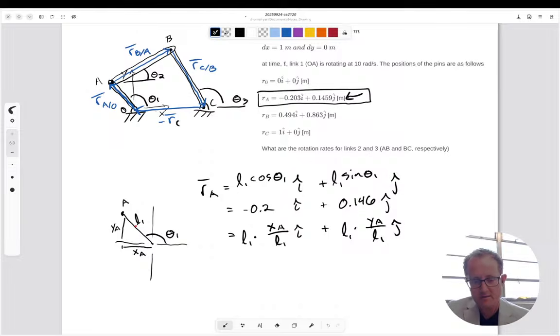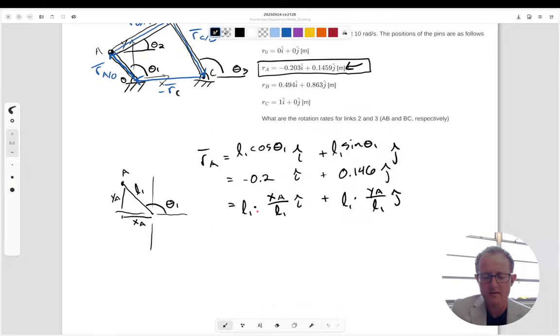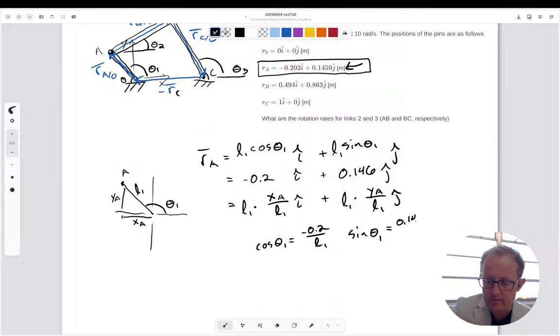Adjacent over hypotenuse, so SOHCAHTOA, I already have the values here. If I divide this negative 0.2 by L1, that is my cosine theta. So cosine theta 1 equals negative 0.2 over L1. Sine theta 1 is 0.146 over L1. And I can do the same thing for theta 2 and theta 3.